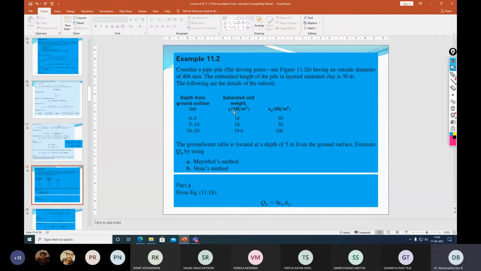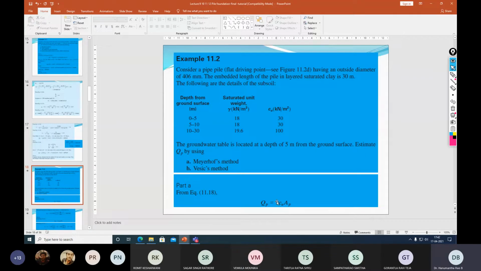Now the second sum is where the pile is embedded in clayey soil. So this is also straightforward. Meyerhof's equation: Qp is nothing but c Nc into Ap. For deep foundations where phi is 0, we have been saying that the value of Nc shall be taken as 9.